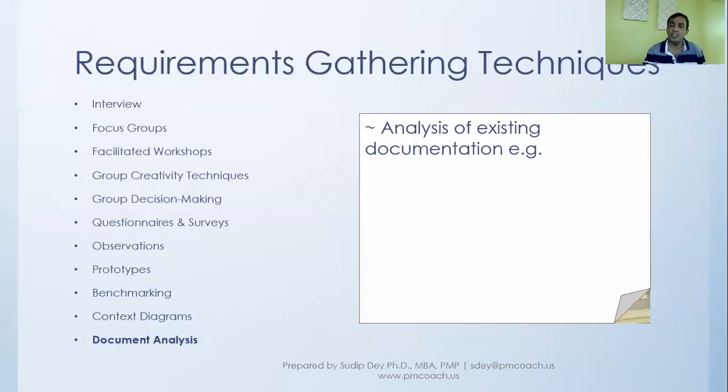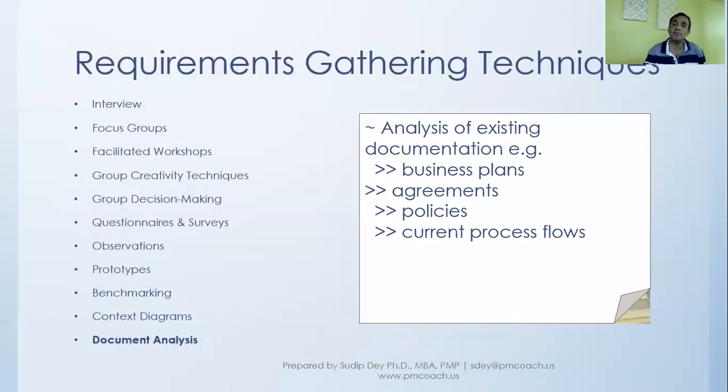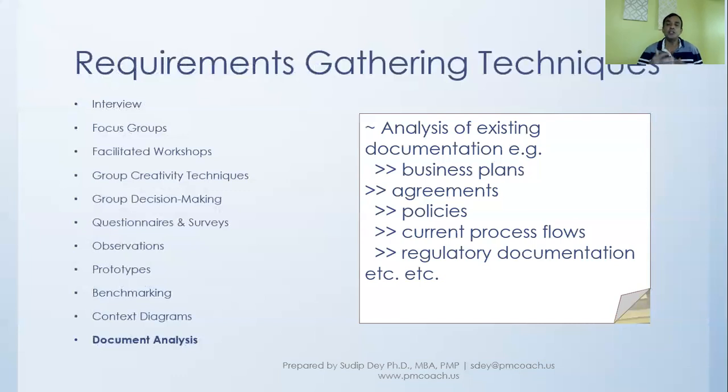In document analysis, we'll analyze existing documentation such as business plans, agreements, policies, current process flows. These are things that we want to see and understand, because at the end of the day, when the stakeholder, the user, looks at what you are providing, they are likely to compare it against these different kinds of documentation, and regulatory documentation, etc. So there are all these different kinds of documents you should look at as you are putting together the requirements.